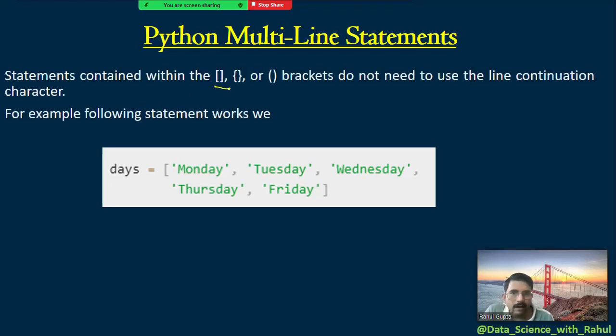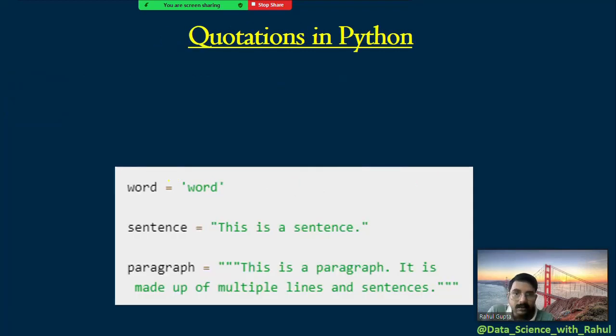You can use square brackets, curly braces, or round brackets. Within these, you do not need to use the continuation character. You can directly write like this: Monday, Tuesday, Wednesday, Thursday, Friday, because it is written in brackets, Python understands that already. So this is another way to write a multi-line statement.